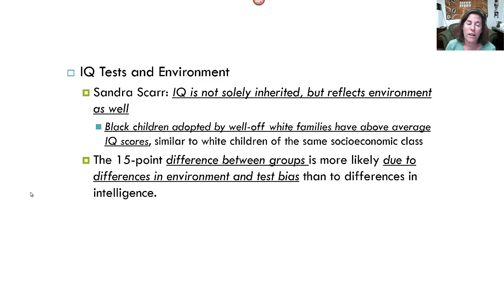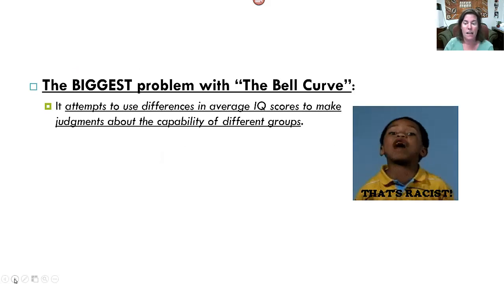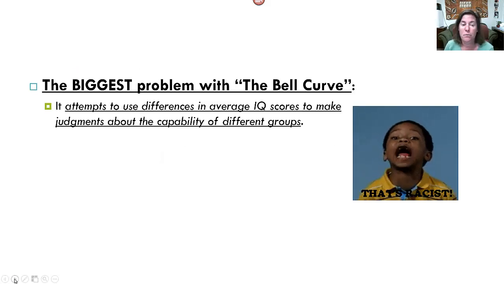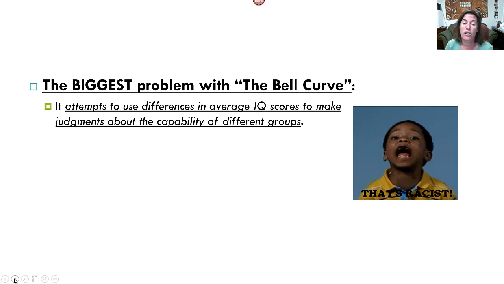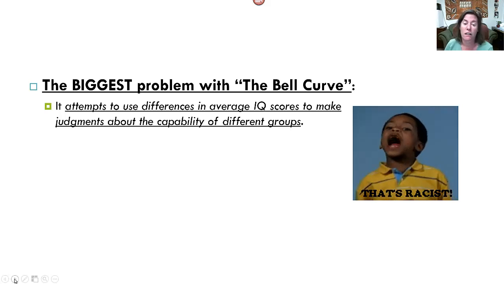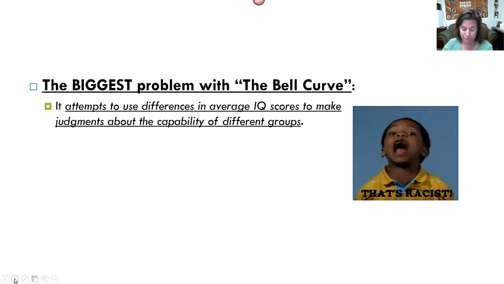Thus, the 15-point difference between U.S. African and U.S. white populations is more likely due to differences in environment as well as test biases than to differences in intelligence. The biggest problem with the bell curve is that it attempts to use differences in IQ score to make judgments about the capability of different groups.